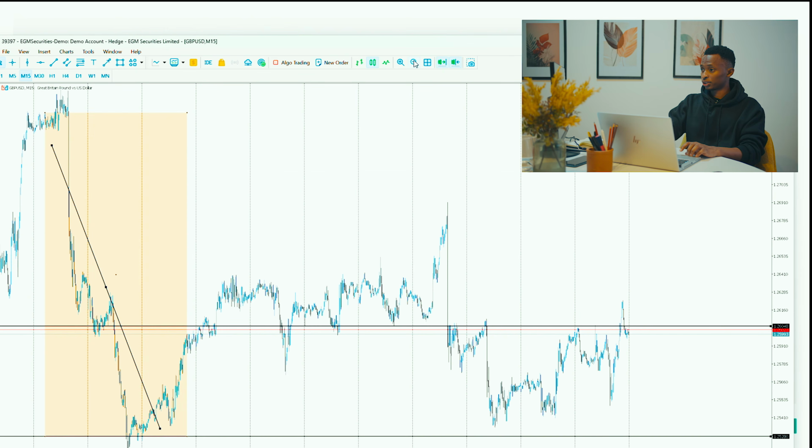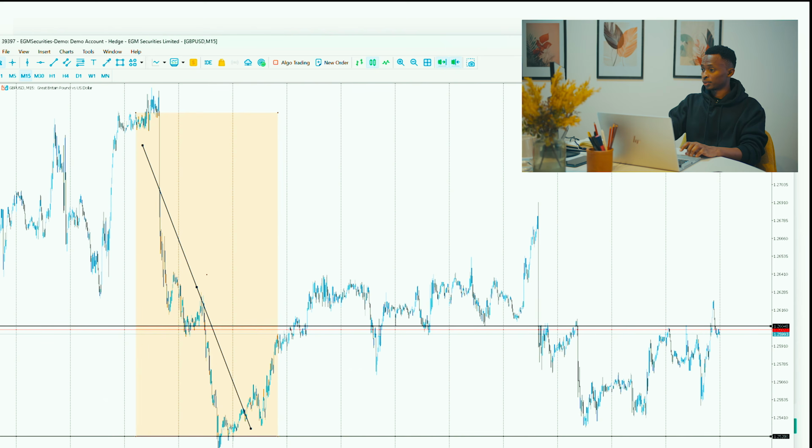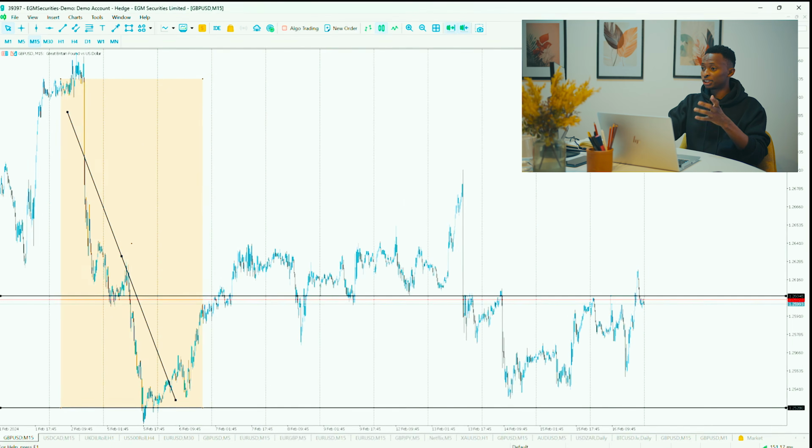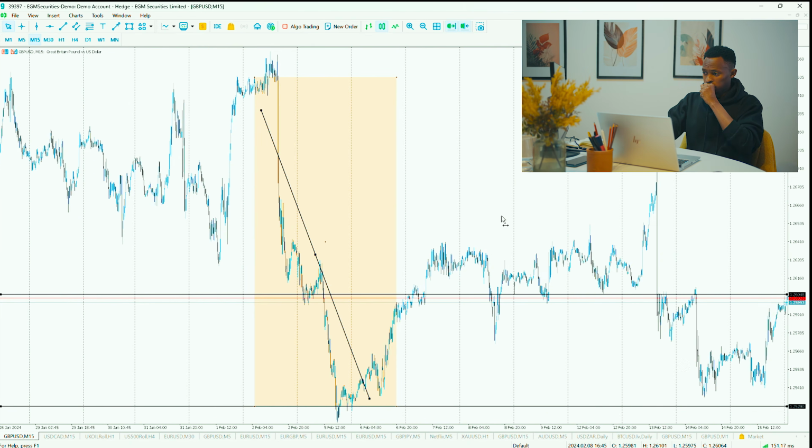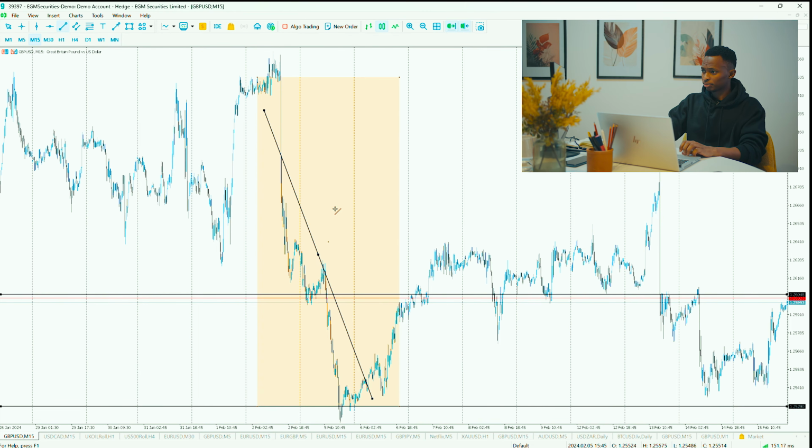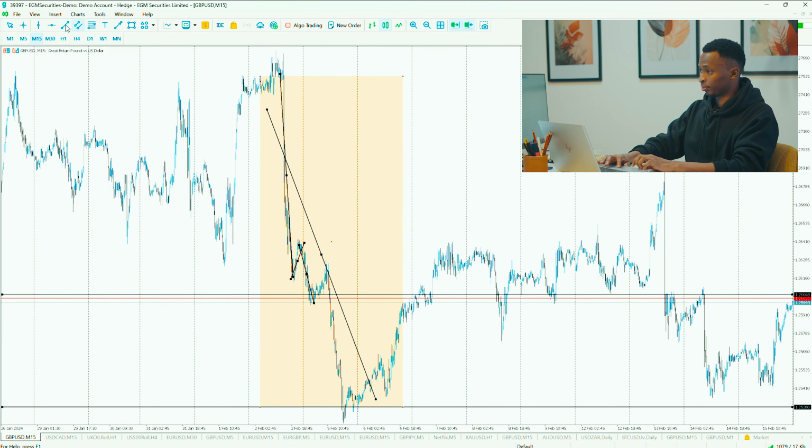If you were to go to a lower time frame or something like 15 minutes, just zoom out. You can see that in that larger move that we had marked, we still have smaller internal market structure. That is, you can see there is a low, a high, a low like that, and then a high like this, and then another low like this.